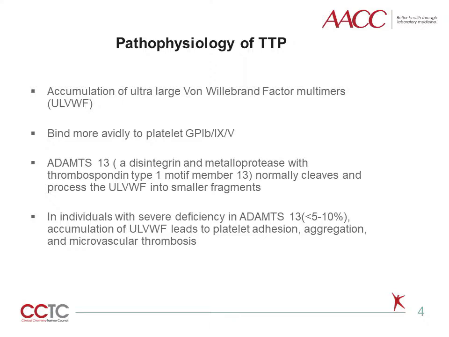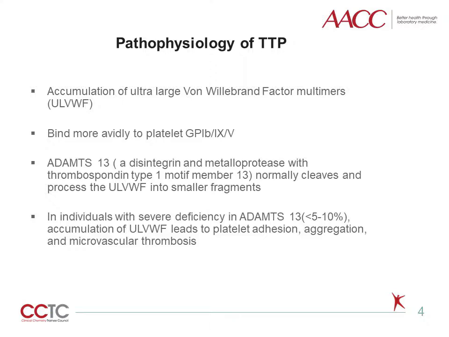In individuals with severe deficiency of ADAMTS13, identified as being less than 5 to 10%, the accumulation of the ultra-large von Willebrand factor multimers leads to platelet adhesion, aggregation, and microvascular thrombosis.